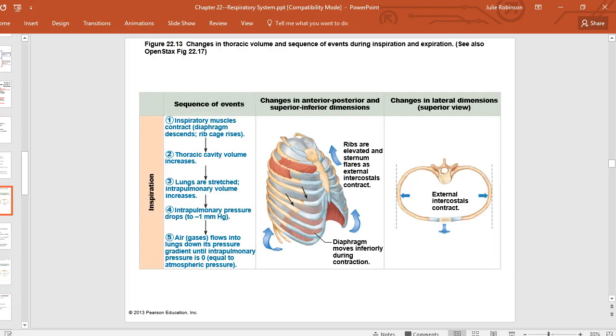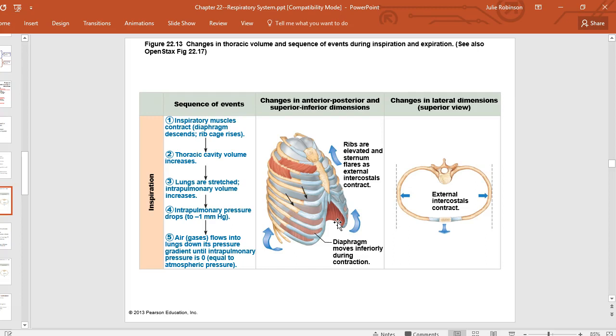So let's look at how we actually accomplish these changes in pressure and volume in the thoracic cavity. And we'll start with inspiration. So inspiration involves contraction of the intercostal muscles, the external intercostal muscles, and the diaphragm. So the diaphragm, when it contracts, does something that seems kind of odd.